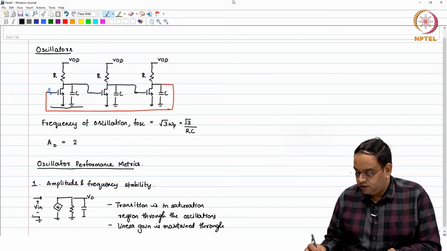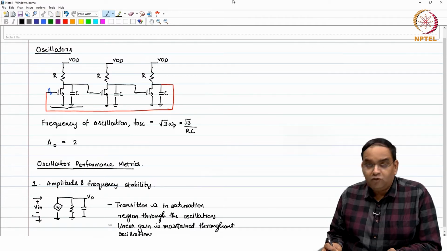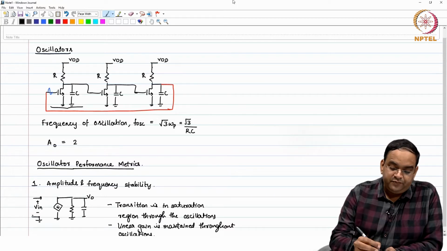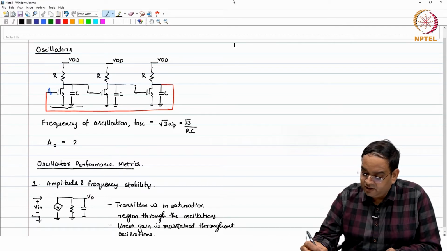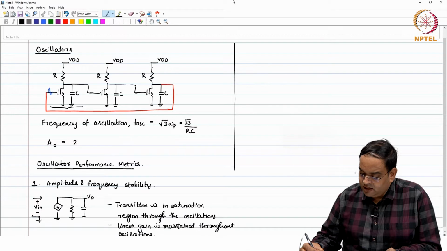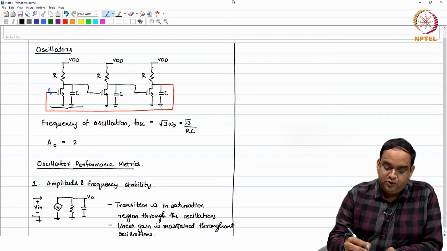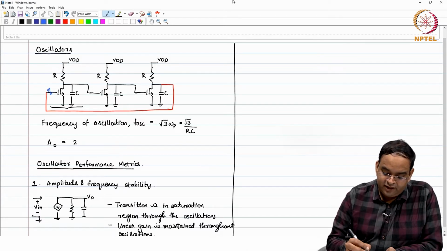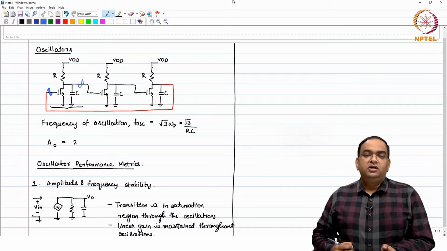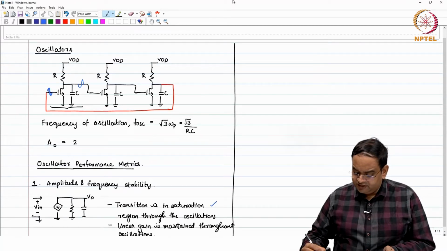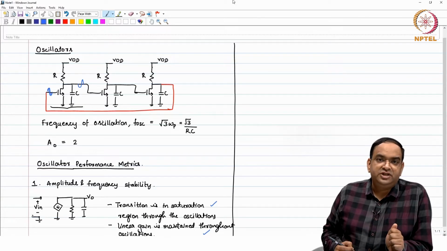Now, you can ask a question, what will be the output swing? Well, the oscillation analysis using the Barkhausen criterion did not impose any kind of amplitude limit on this particular oscillator. So, the swing can be 1 millivolt also, or the swing can be 100 millivolts also, till the time these two conditions are satisfied: transistor is in saturation region and our linear gain approximation is valid.